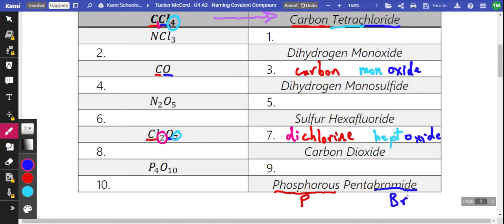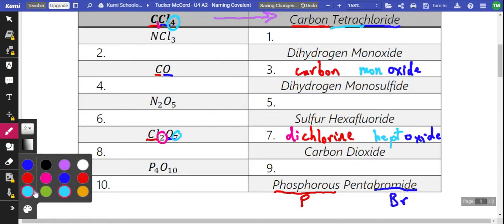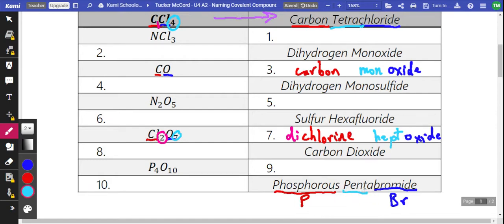This penta prefix implies that there are 5 of these bromines. And I don't see a prefix on the phosphorus, which is implying that there's 1. It'd be like if we put mono there, but we decided it just does not go on the first element for whatever reason. So this compound would have a formula of P1Br5.